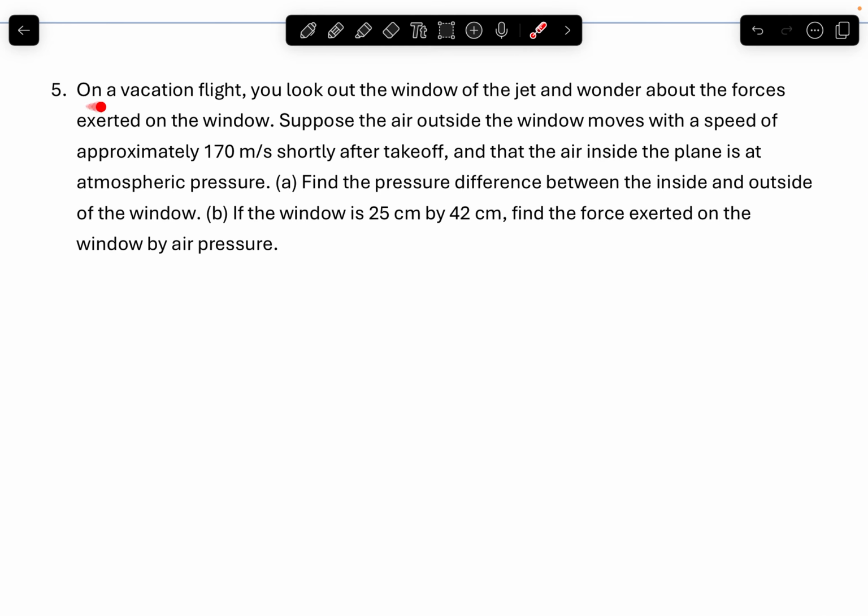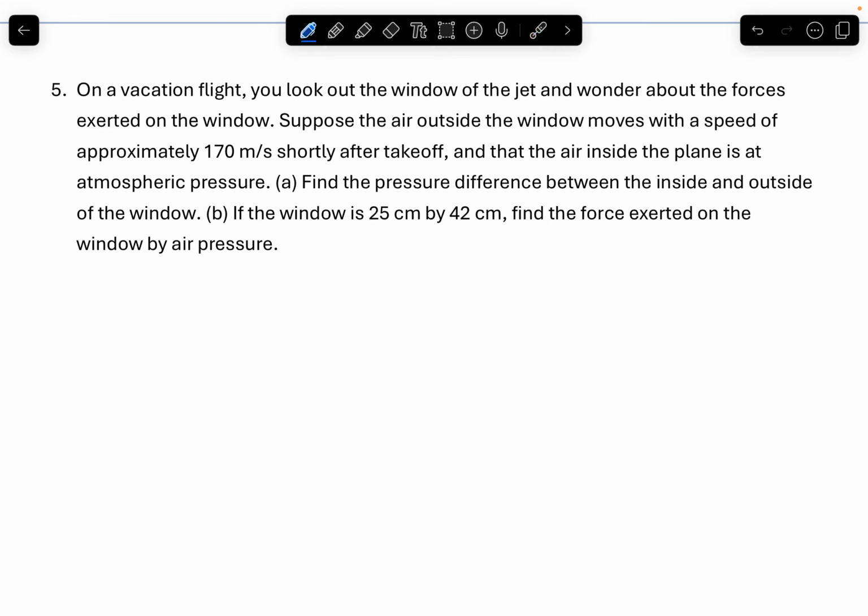Here the question is, on a flight, you look out the window. Suppose the air outside the window moves with a speed of 170 meters per second, and the air inside the plane is at atmospheric pressure. Find the pressure difference between the inside and outside of the window.